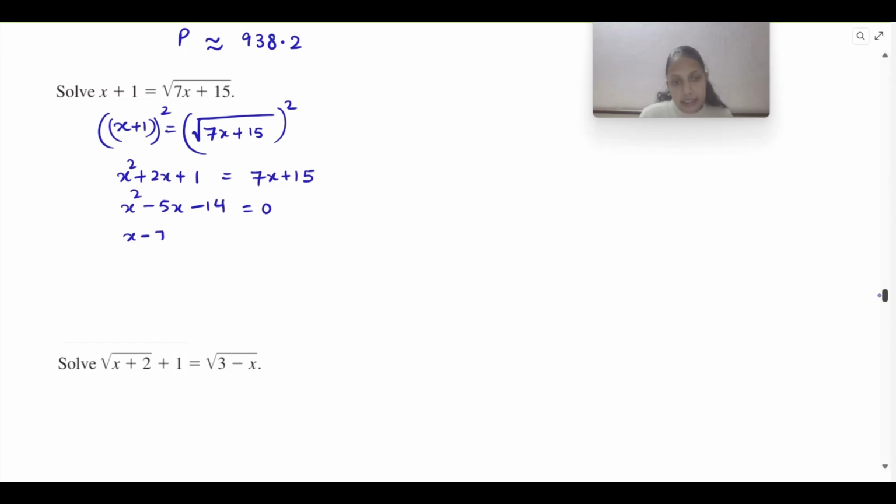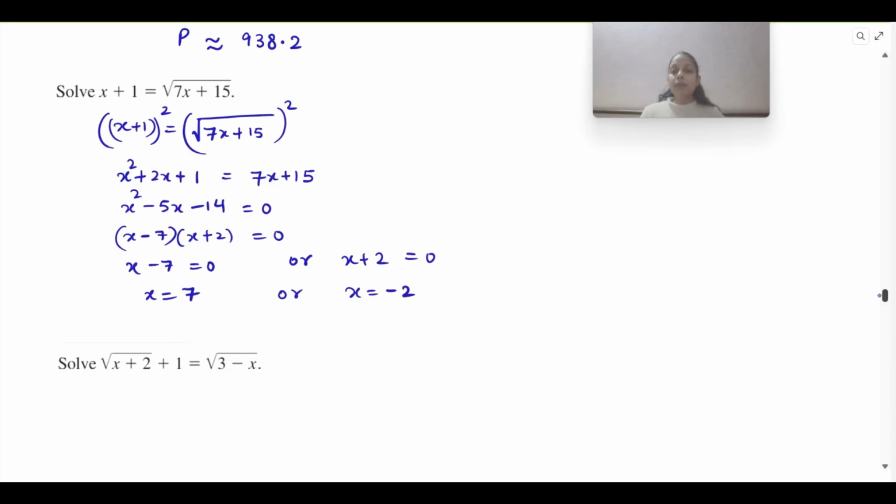X minus 7 is one factor, x plus 2 is another factor. So x minus 7 equals 0, or x plus 2 equals 0. X equals 7 or x equals negative 2. Okay, it's done.